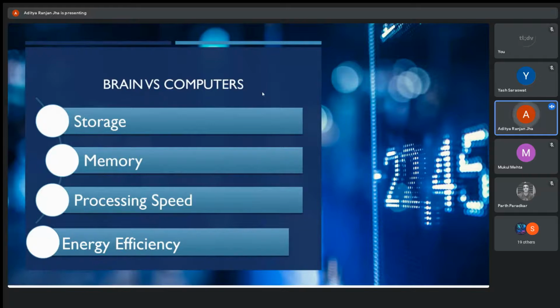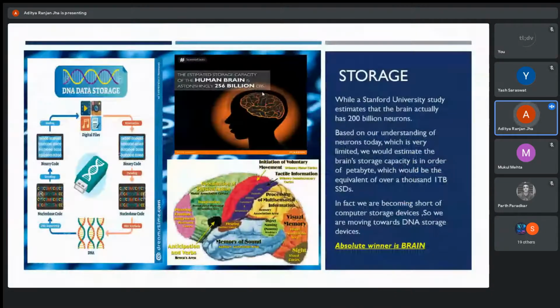So to set a background, I would compare the current computing system, say a personal computing system, to the most common form of intelligence that we know, that is our brain. And I would make these comparisons based on 4 parameters. I would be talking about all of them in brief, so that I could lay more than foundations. So, talking about the first parameter, storage.